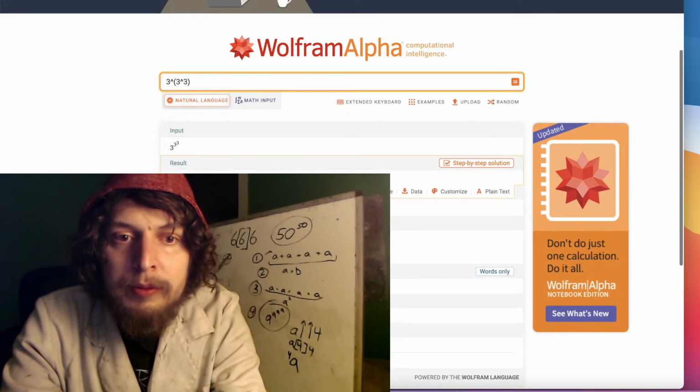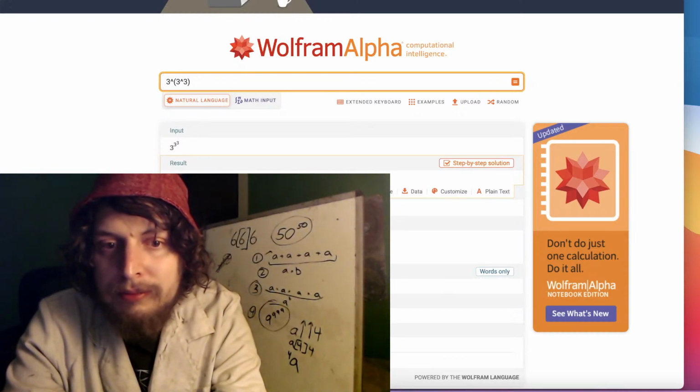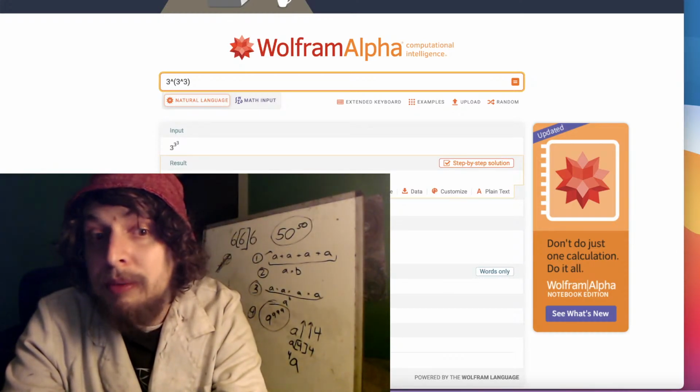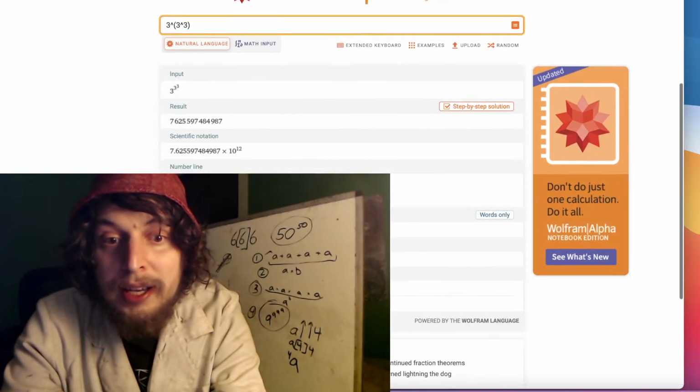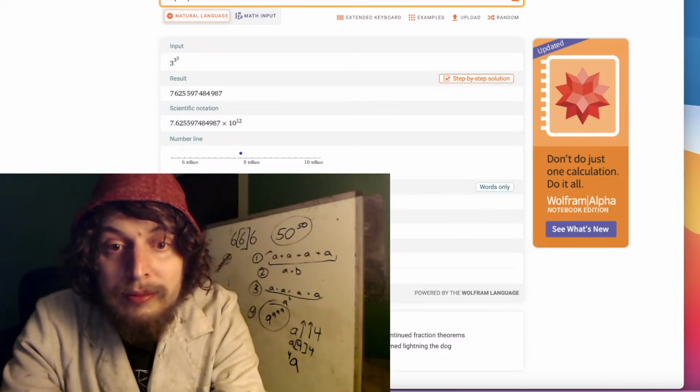So there we got millions, billions, about 7.6 trillion. So that might be beyond the amount that a human can actually comprehend. It says it's a third of the amount of red blood cells in the human body, and it's 25 times the number of stars in the galaxy.